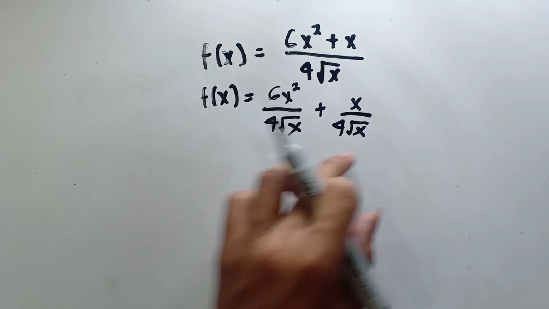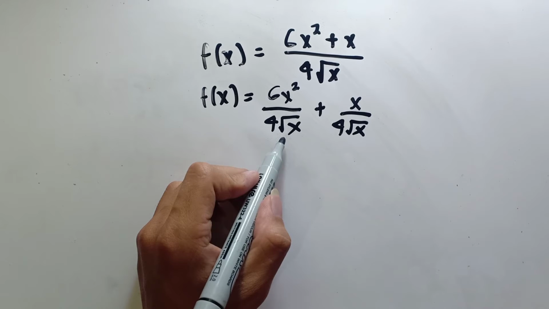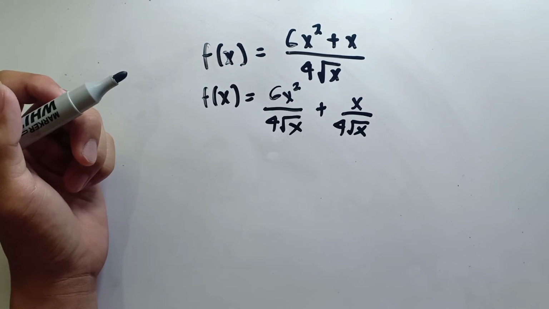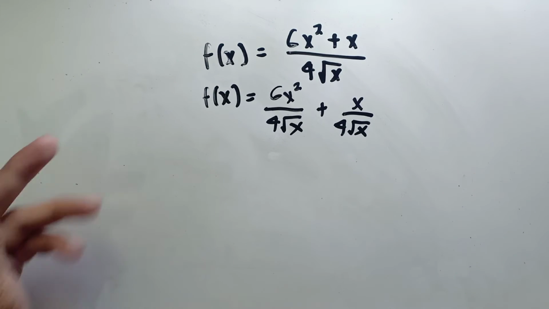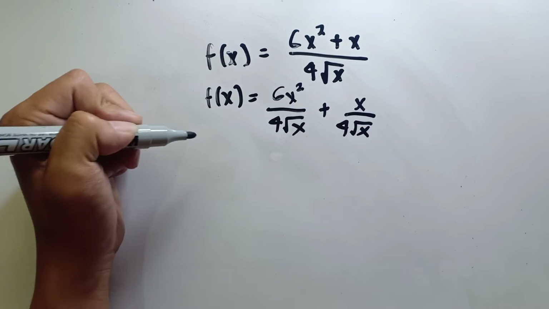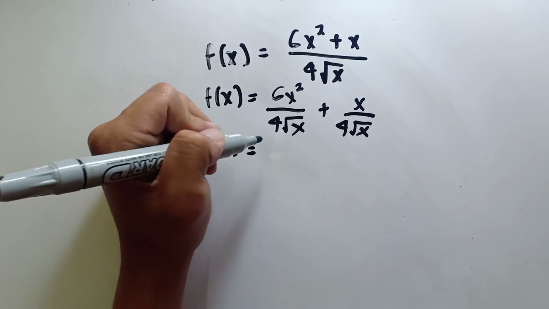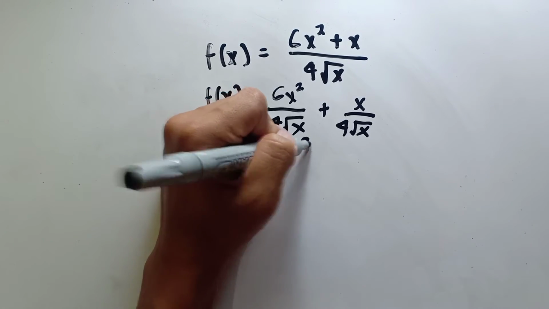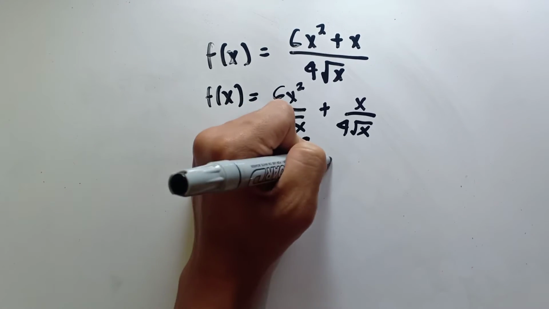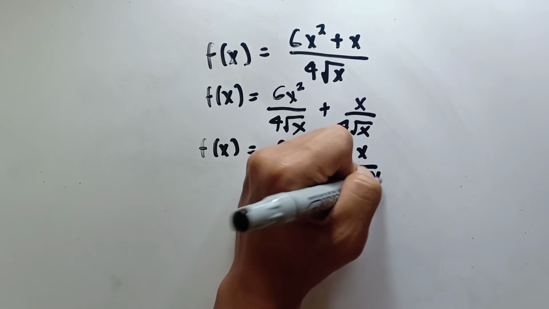So we have a radical form, so we can convert it into exponential form first. So we can proceed to differentiation. So f prime is equal to 6x squared over 4x raised to 1 half plus x over 4x raised to 1 half.